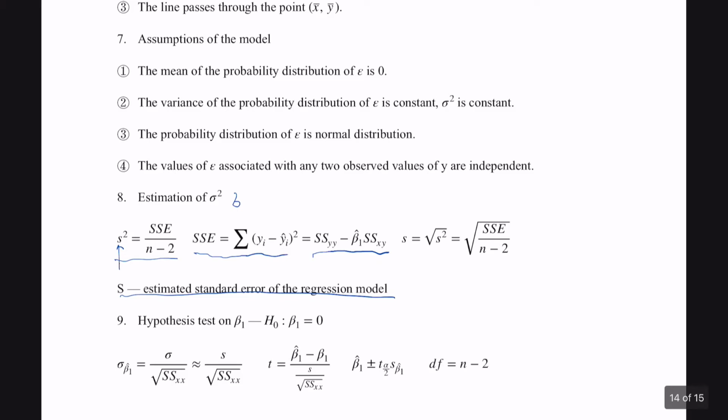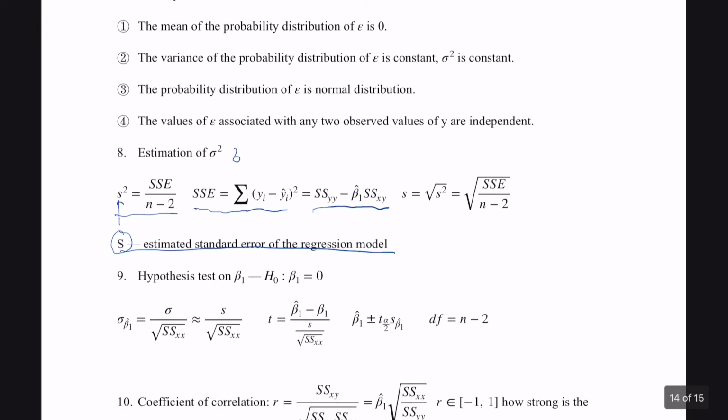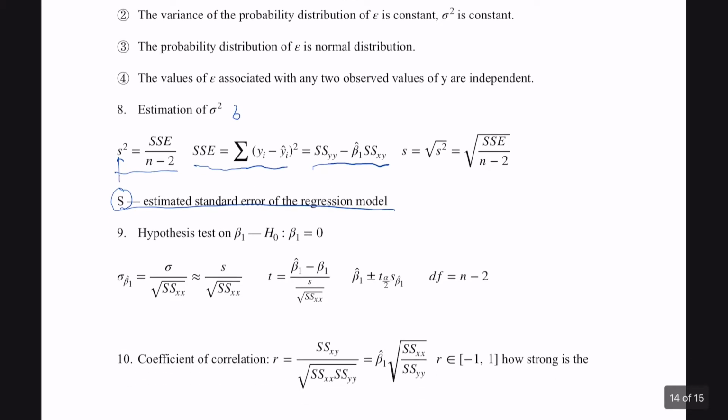So therefore, when we are doing a hypothesis test or confidence interval in this simple linear regression chapter, you can treat the S here as the ultimate standard deviation, and you will alter it based on different scenarios you are calculating.